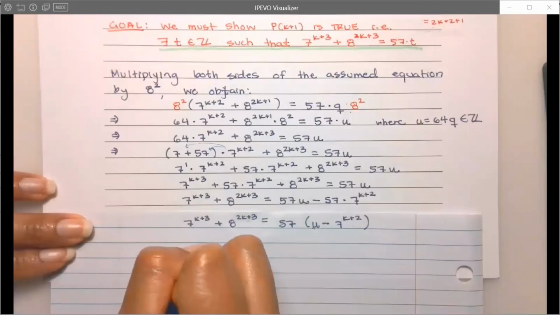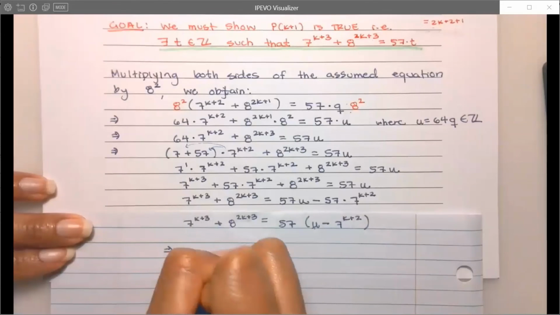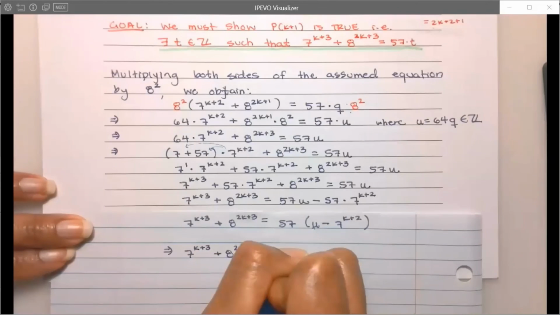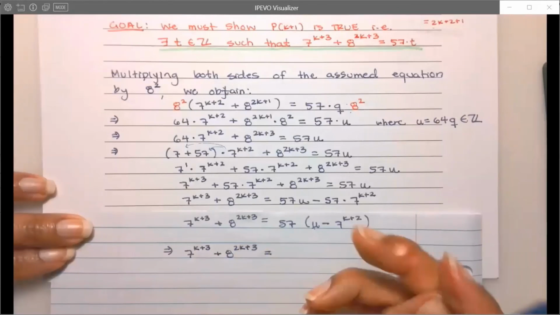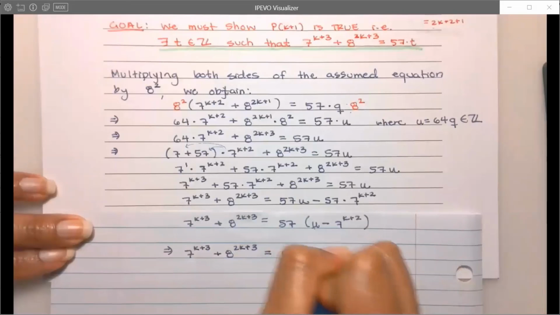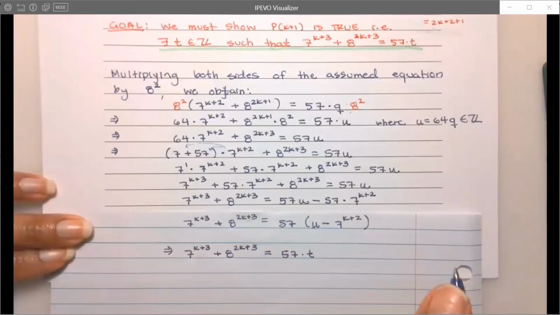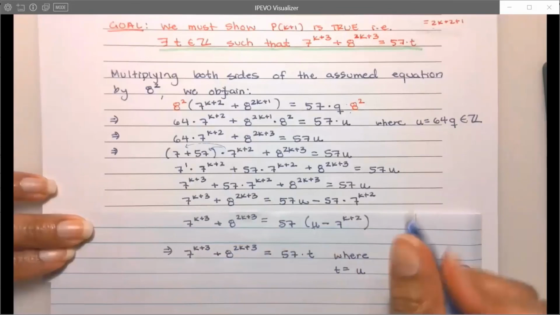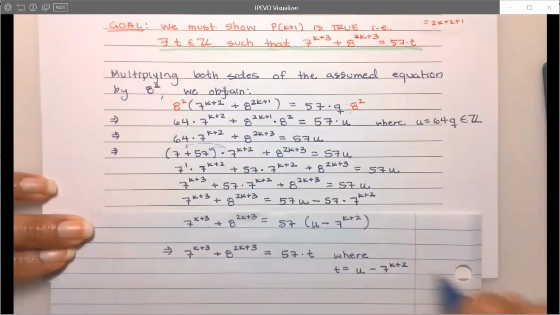So we finally get that 7 to the k plus 3 plus 8 to the 2k plus 3 is equal to 57 times a t, where t is the difference u minus 7 to the k plus 2 and is an integer since u and k are integers.